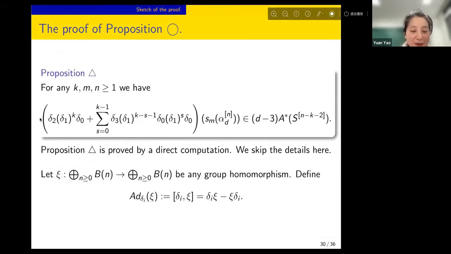We compute this directly. So you get this special case, delta 2, delta 0, and this special case. Then we use the induction again and again. We use these Lie brackets to do the commutators.